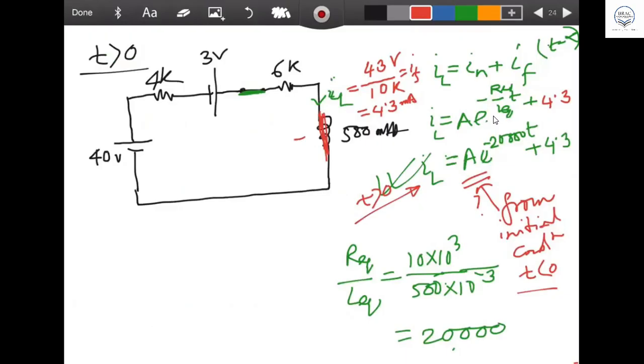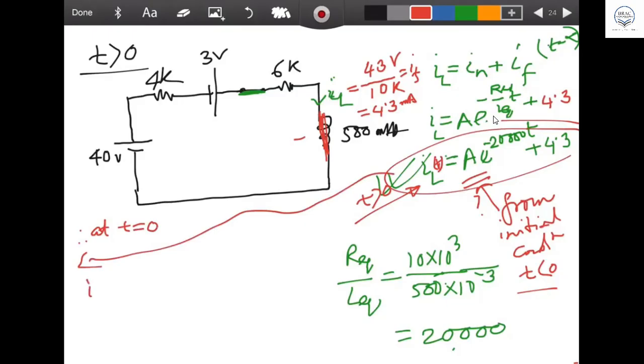Now, at time T equal to 0, the IL equation will be what? Because this is a function of T, at time T equal to 0 we can write IL(0) equal to A e to the power minus 20,000 times 0, plus 4.3.